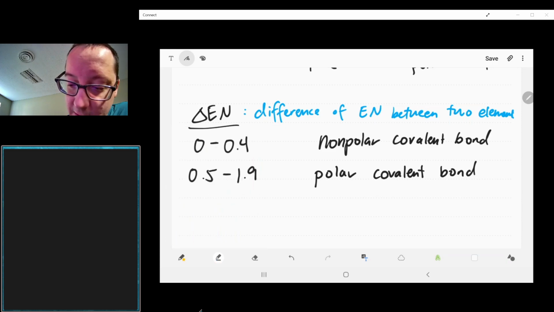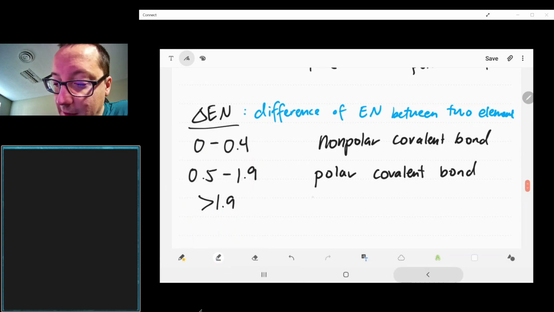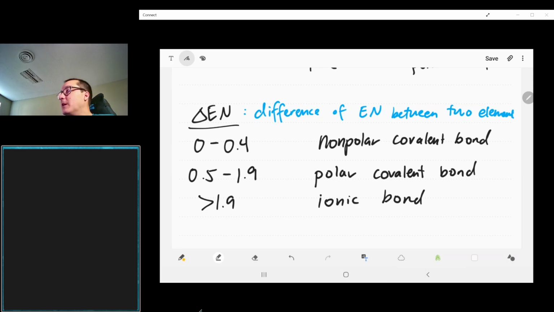And if you're bigger than 1.9, that is just a purely ionic bond at that point. So if you see something like sodium chloride, you're definitely going to get an ionic bond there. You're going to see the difference of electronegativity is 2.1. That's bigger than 1.9. We know that's pretty much an ionic bond at that point.